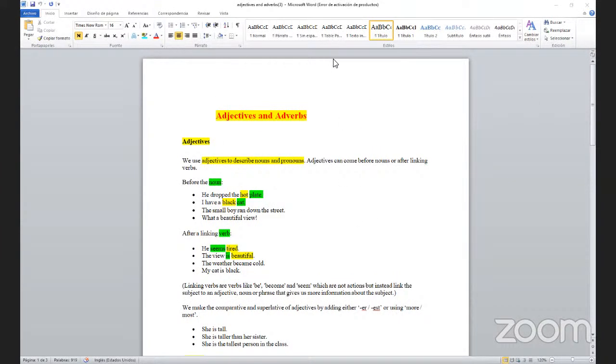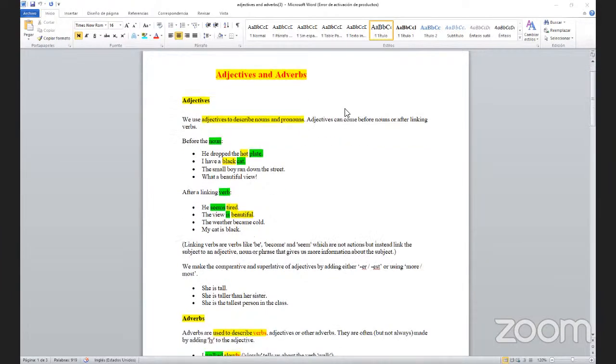Okay, now we have the second grammar of the unit. We have these adjectives and adverbs. We know the meaning of an adjective and we know the meaning of an adverb. But in some cases, these two meanings get really confused.